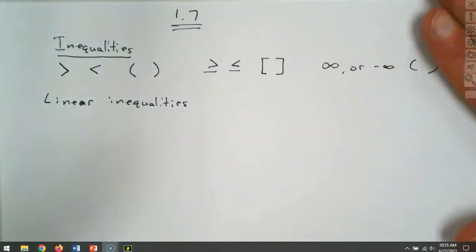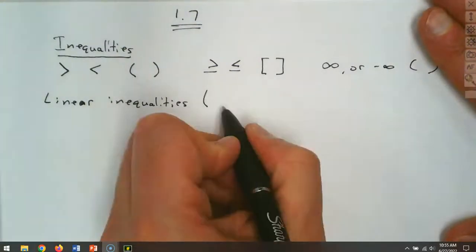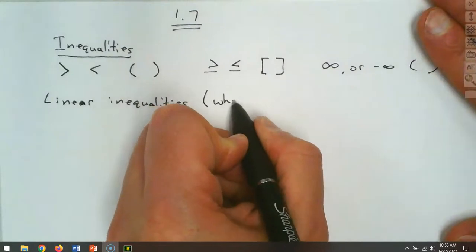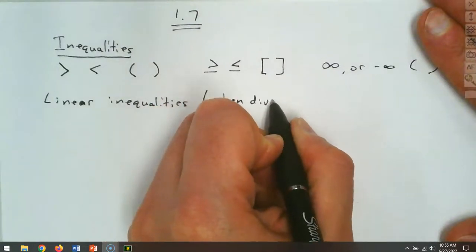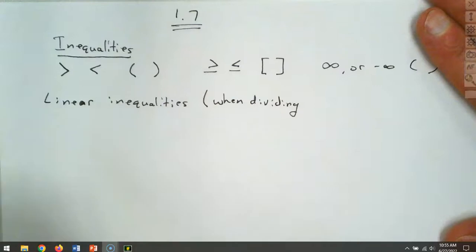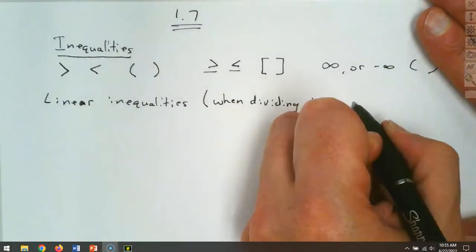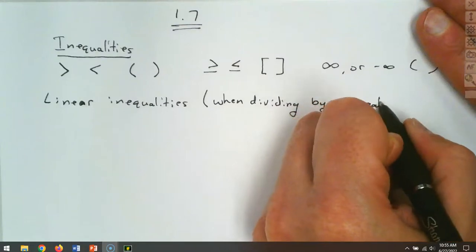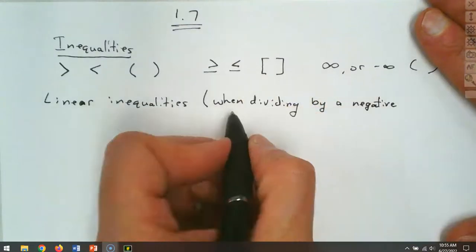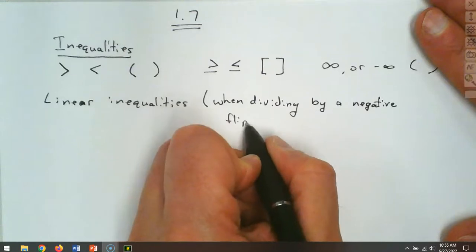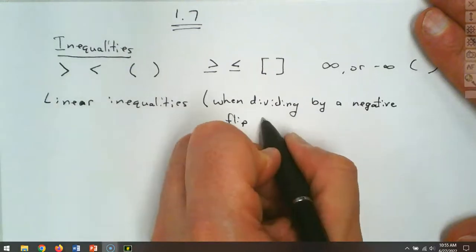So let's look at a linear inequality. Now also we need to remember too, what about inequalities? When dividing by a negative, because that's usually what you do, what happens to the inequality? Remember, when you divide by a negative, you flip the inequality.